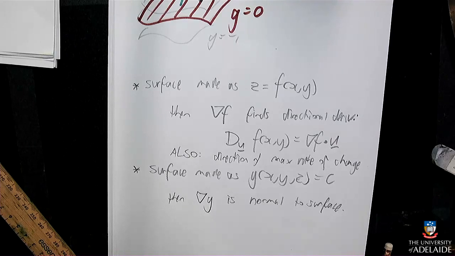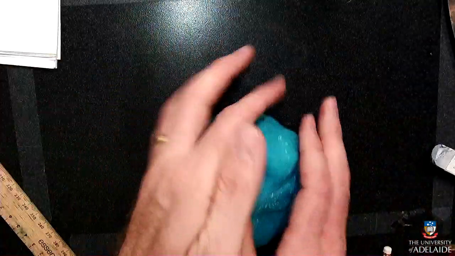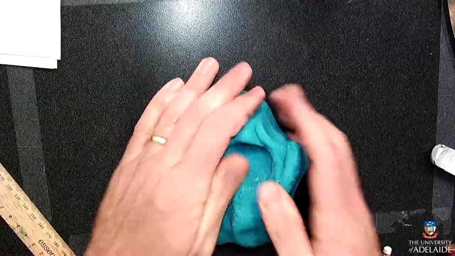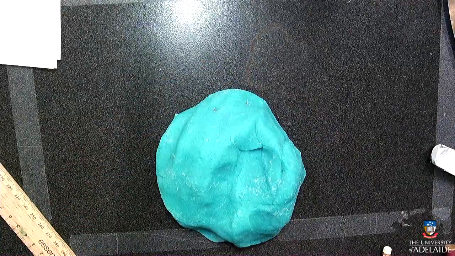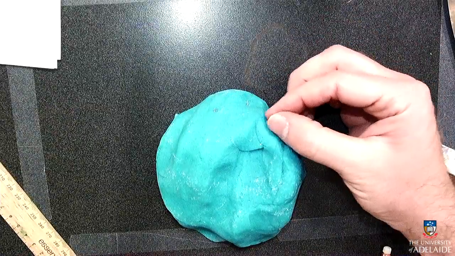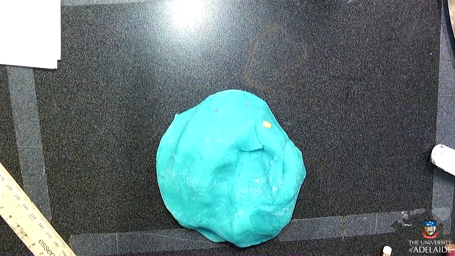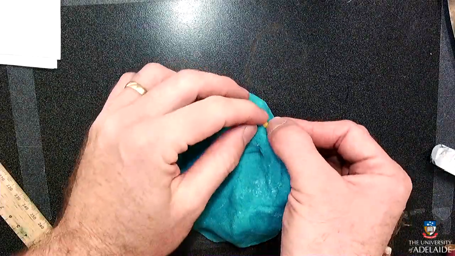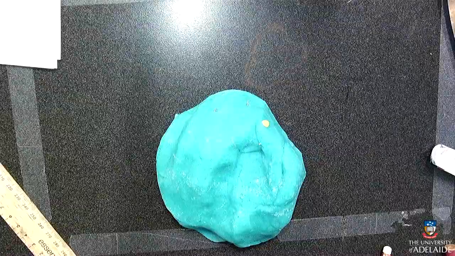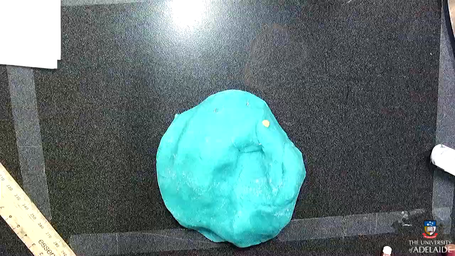So if I have a surface, like my Play-Doh, and I have my little knight in shining armour sitting nicely on the surface just here. To him, because he's so tiny, the surface feels flat. Now, not flat in a horizontal sense, just flat in a plane sense.